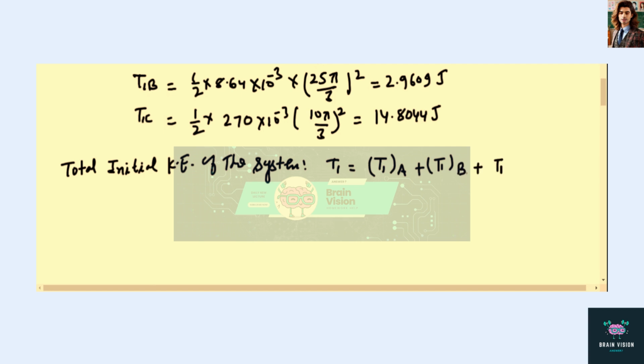Substituting the values, T1 we will get 20.726 joules.